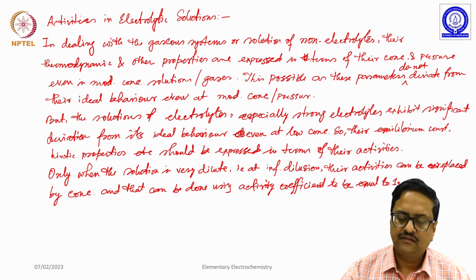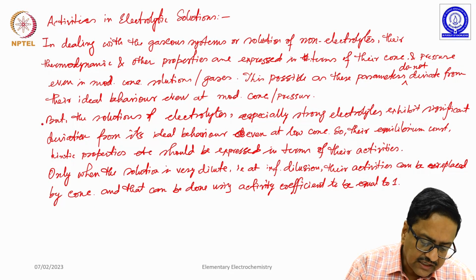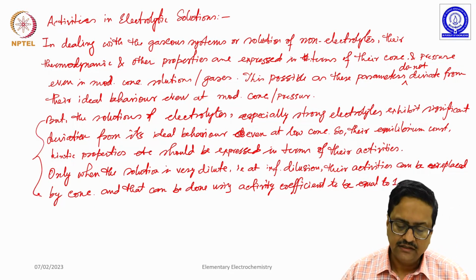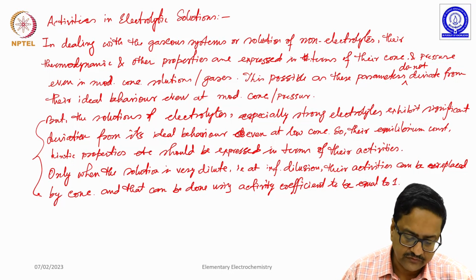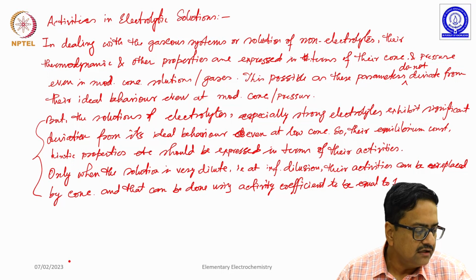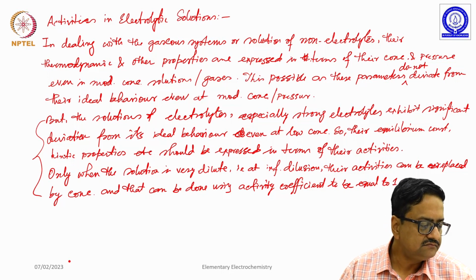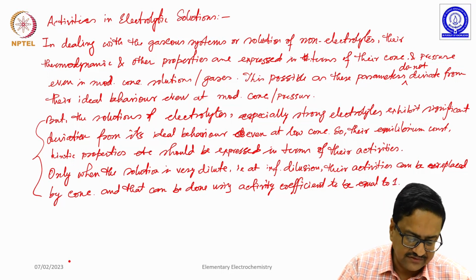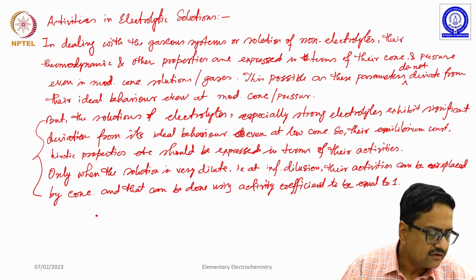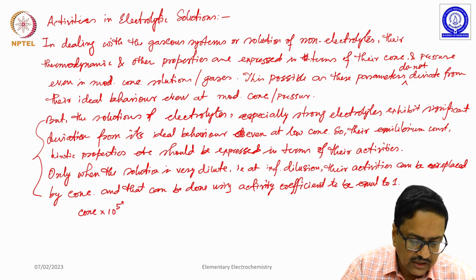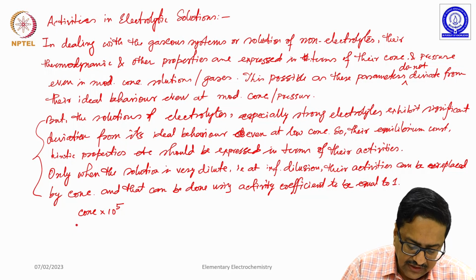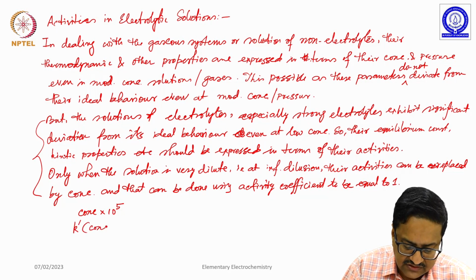So, this statement is an outcome of a table which I am going to quickly write here. It is the table for acetic acid, where we have a varying concentration and the values that are measured are K prime in terms of concentration.